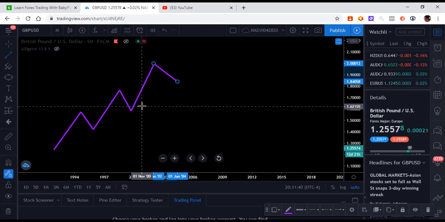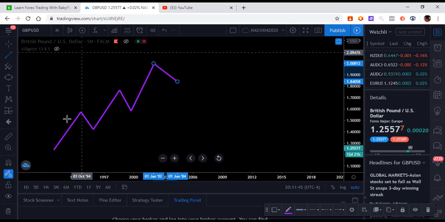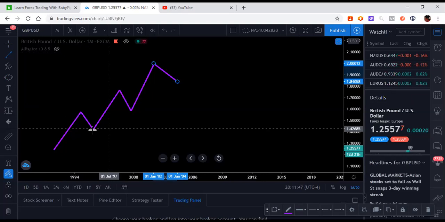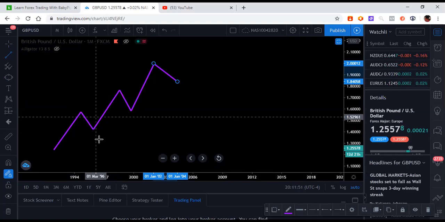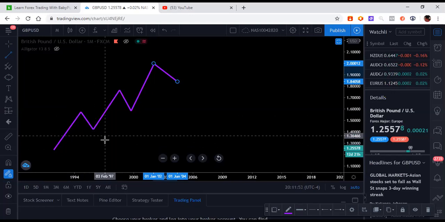And you would get into a buy position when it pulls back like this, into the valley. You should be waiting right here to get in. You know that you can get in right here.